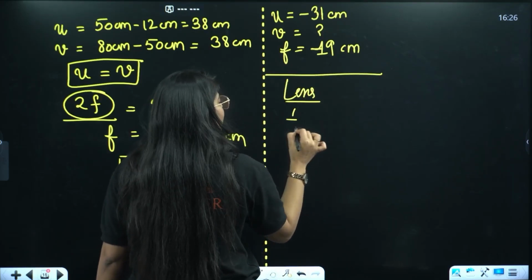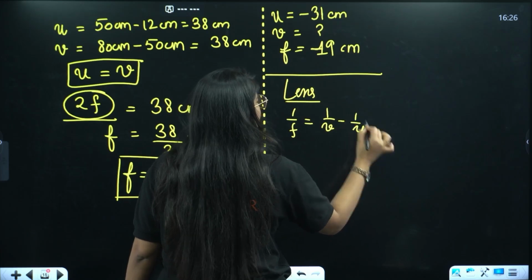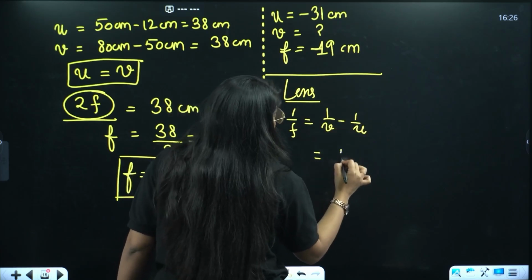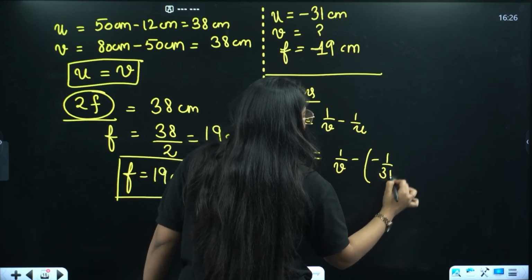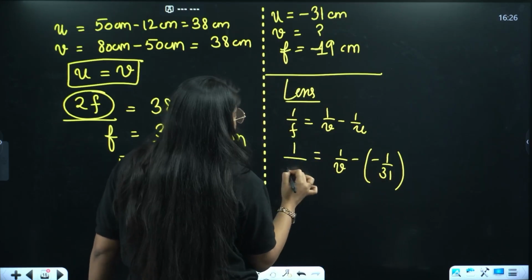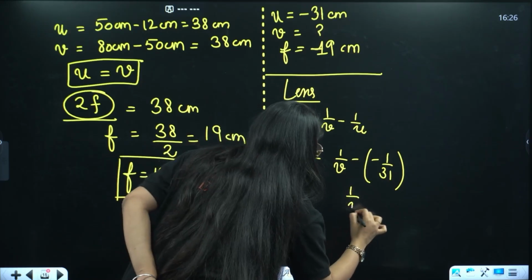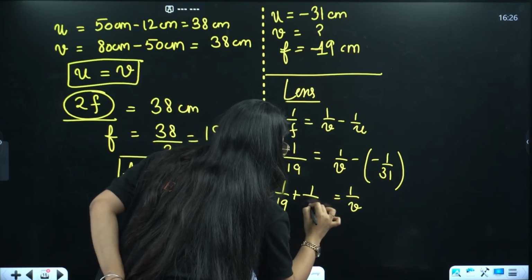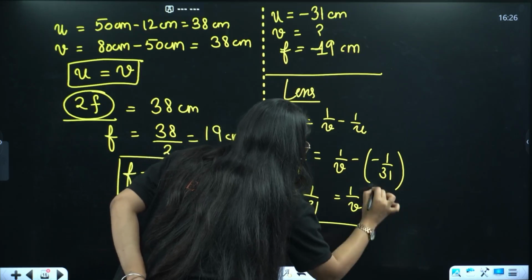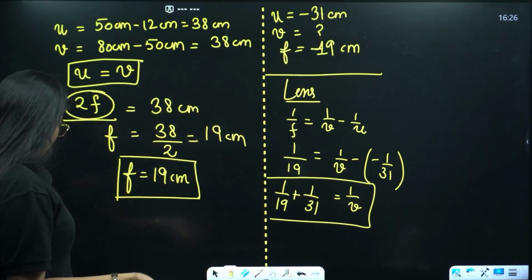Understood? 1 by f equals 1 by v minus 1 by u. 1 by v is what we have to find, minus of minus 1 by 31 centimeter, and focal length is 1 by 19. So from here you can easily find the position of image. Understood? If you just solve this LCM, you will find the position of image.